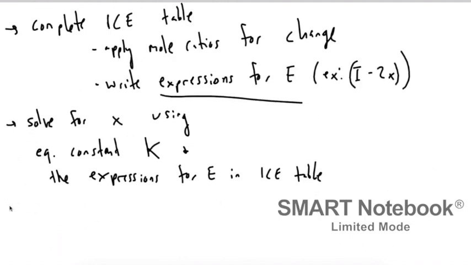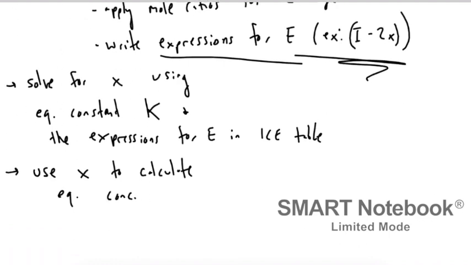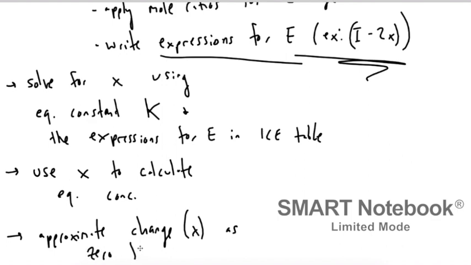Solve for x, and then you're going to use the x that you find to actually calculate those equilibrium concentrations. And then, of course, you can always check your work. Remember that you can approximate change as 0 for some substances in your ICE table.